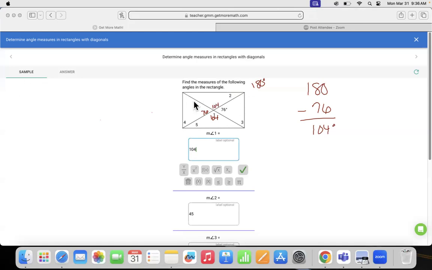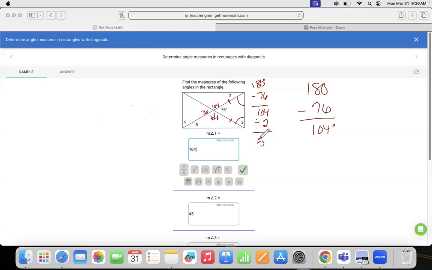So we know that this is going to be an isosceles triangle here coming into my rectangle. And if we know triangles are 180 degrees, right? All triangles inside are 180 degrees minus the 76 is how we got the 104. But then we have two congruent angles that we need to divide that into. So we're going to divide by 2.